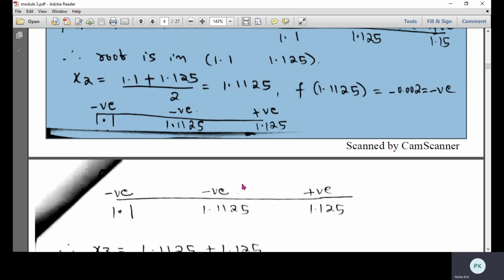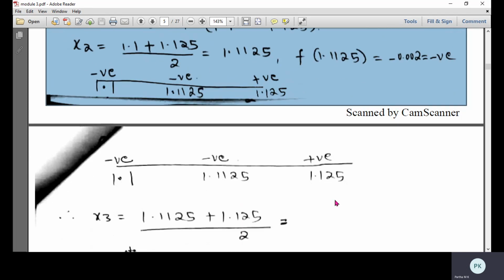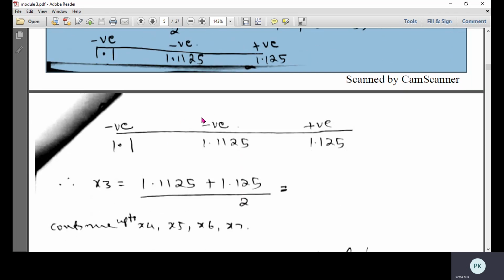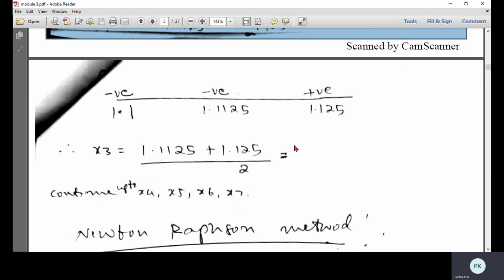Same thing: 1.1 negative, 1.1125 negative, I have written 1.125 here. Now, no root here. So you have to carry only this much. What is the next root? (1.1125 plus 1.125) divided by 2. You write that here. So in this way, you repeat.